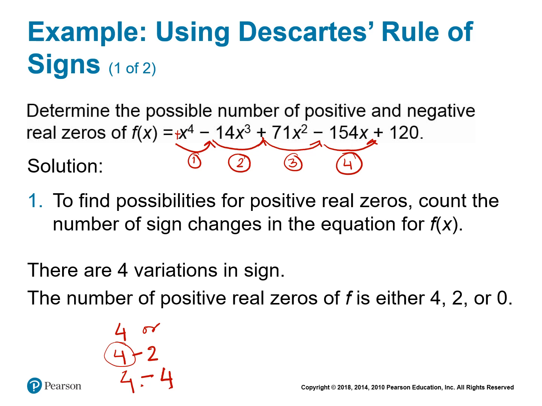Even value, that's important. All right, not an odd value, an even value. So the number of positive real zeros could be the total number of variations, which is 4, or it could be 4 minus 2, which is 2, or 4 minus 4 is 0. So this polynomial could have 4 positive real zeros or 2 positive real zeros or 0 positive real zeros, right?